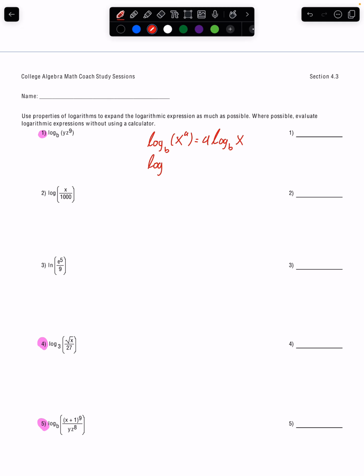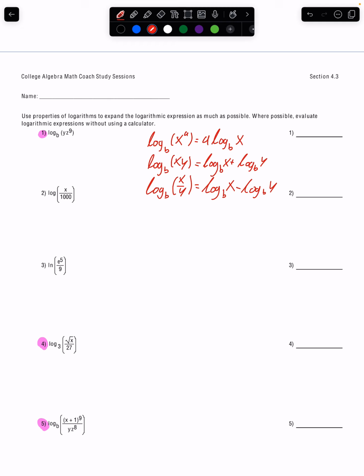Then if you have the log base b of x times y, you can split that into 2 pieces: the log base b of x plus, you guessed it, the log base b of y. If you have the log base b of x over y, you can change it to the log base b of x minus the log base b of y.